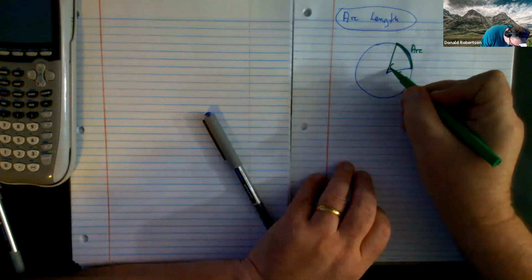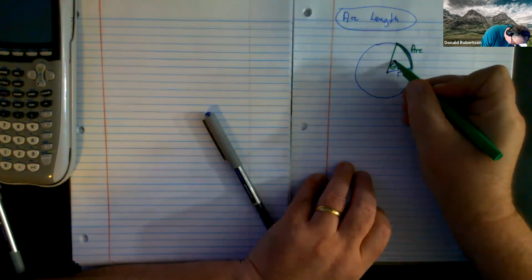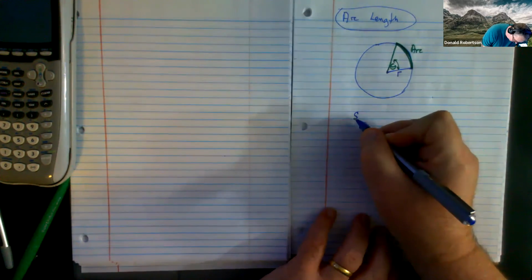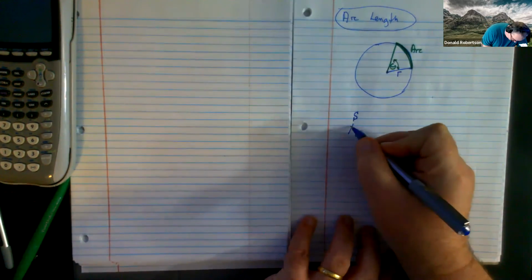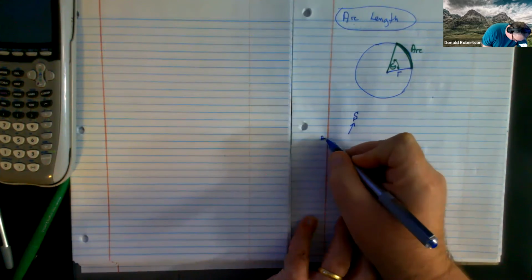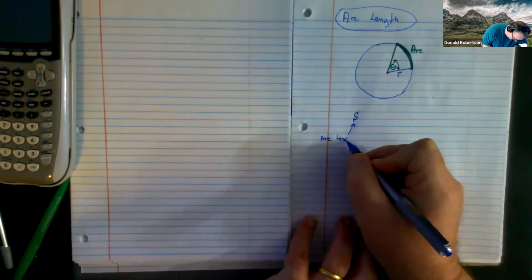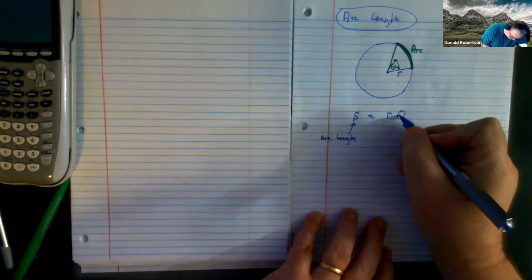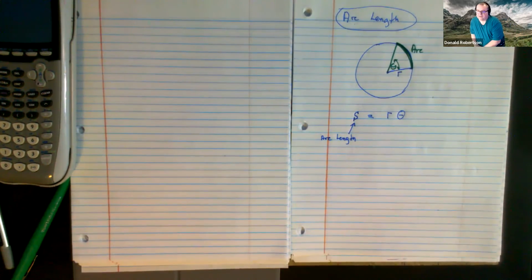And right in here, we'll have an angle theta. If you want to get the arc length, we use the letter S. Can't tell you why, because I don't know. But it's called the arc length, and it's equal to just r times theta. So it's just the radius of the circle times the angle theta.